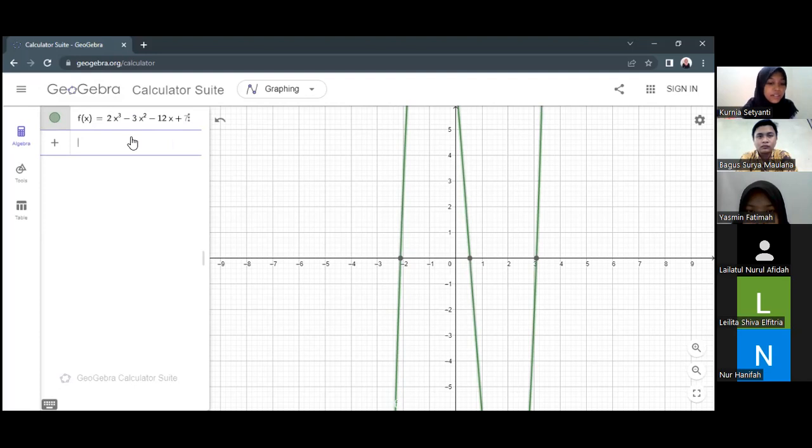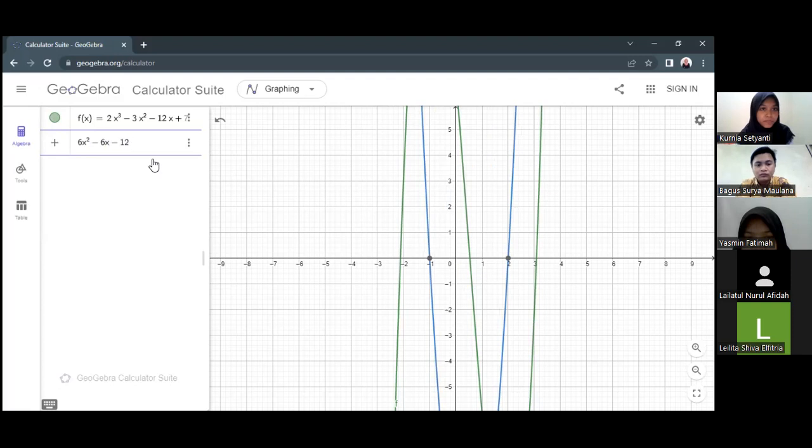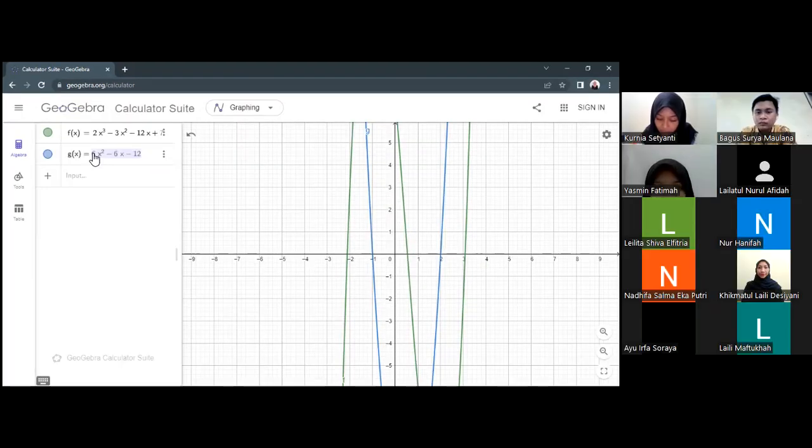By the definition, we get the first derivative 6x squared minus 6x minus 12. Then to find where the function is always decreasing, we make the first derivative less than 0.